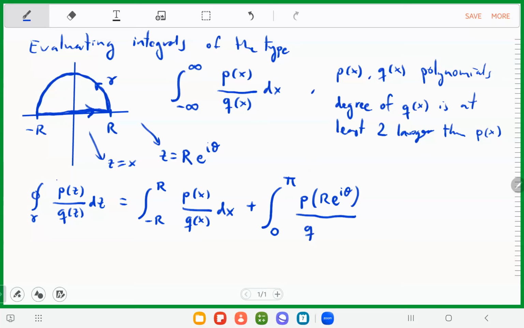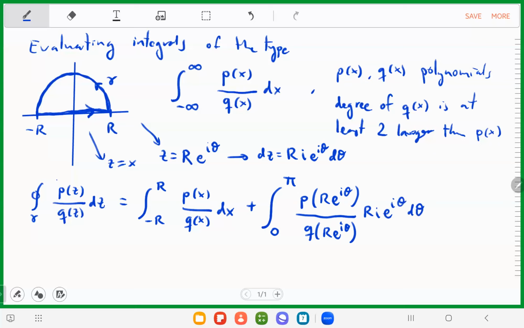We have to evaluate q also there. And then we have to multiply by dz. In this case, dz is just r times i times e to the i theta d theta, right? If you get confused with something, please let me know. So you have here dz is r i e to the i theta d theta.